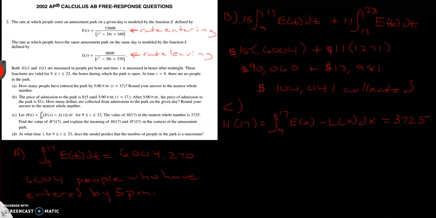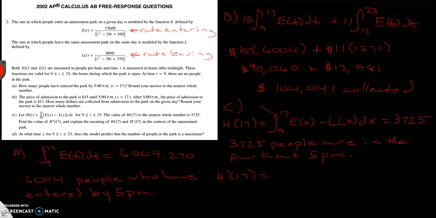So it means 3,725 people are in the park at 5 p.m.